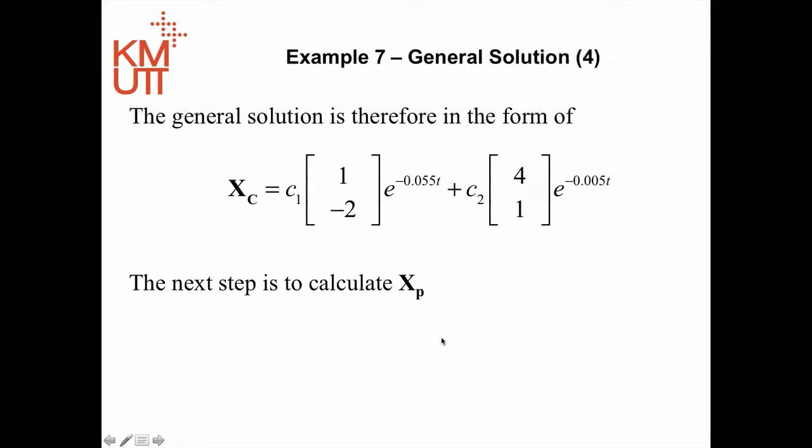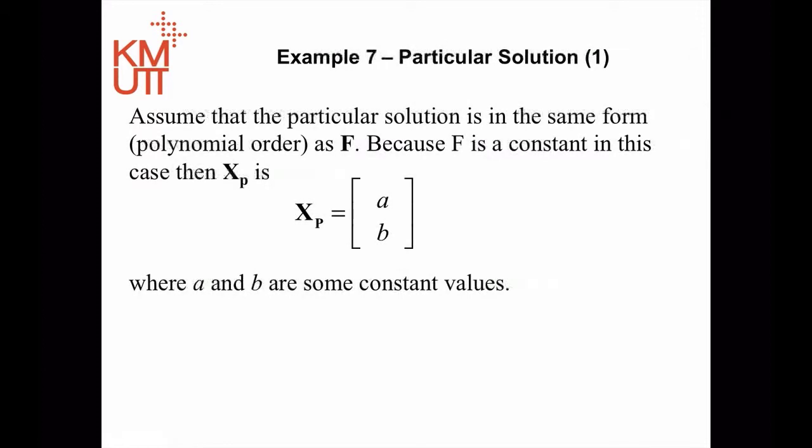We will leave it as this, and next calculate the particular solution xp. Because the elements in F are all constant, we assume that the particular solution is also in the same form as F. So the particular solution contains constants A and B.